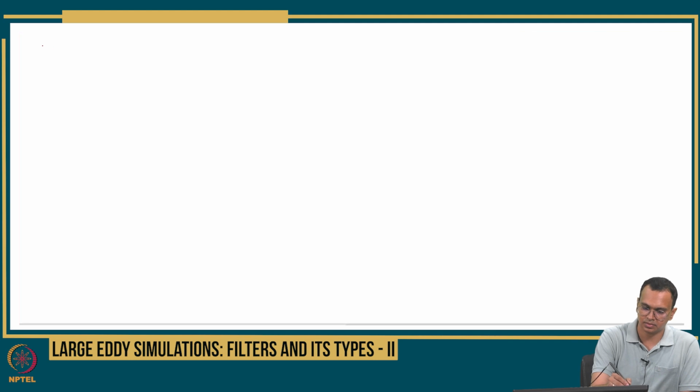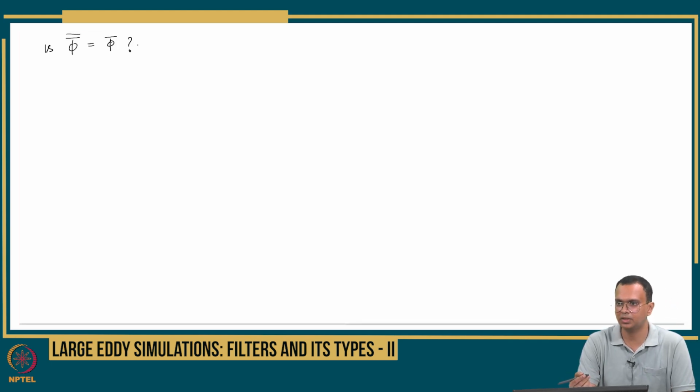Again, the question we are revisiting is: is phi double bar equal to phi bar? That question we only looked into through a numerical demonstration in the last class, where I used a trapezoidal rule, linear approximation and everything to show that these two are not the same in a box filter.